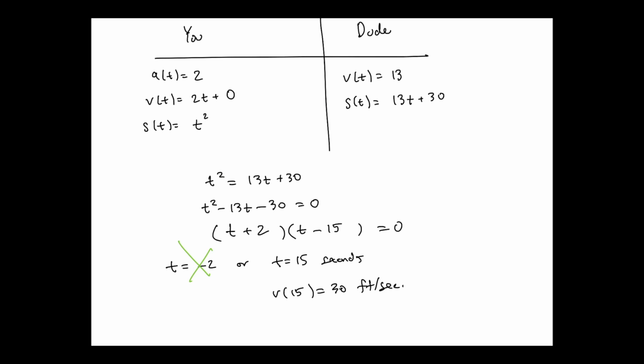Is that just a coincidence? I think so. Did you plug minus 2 into the velocity formula? If you plug minus 2 into the velocity formula, you get minus 4 feet per second. But that's not reasonable because nothing before t equals 0 has happened.